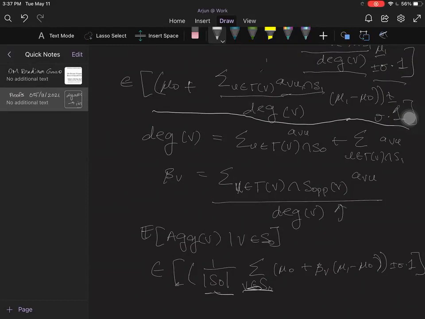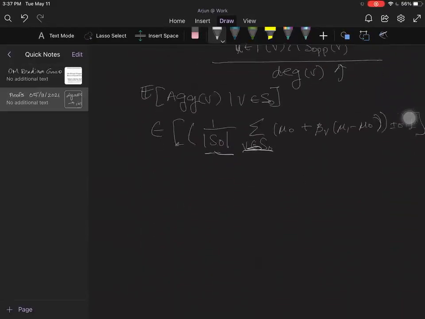So we're just substituting this fraction with beta v in our term below. And you can actually move this mu naught outside. So we can say that mu naught plus 1 over S0, we can just only focus on the BV inside here.